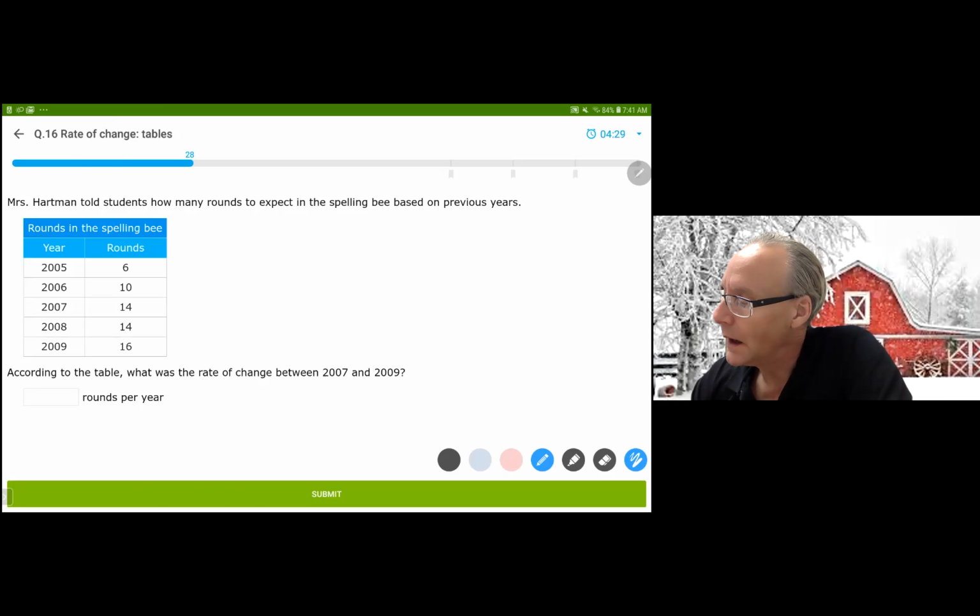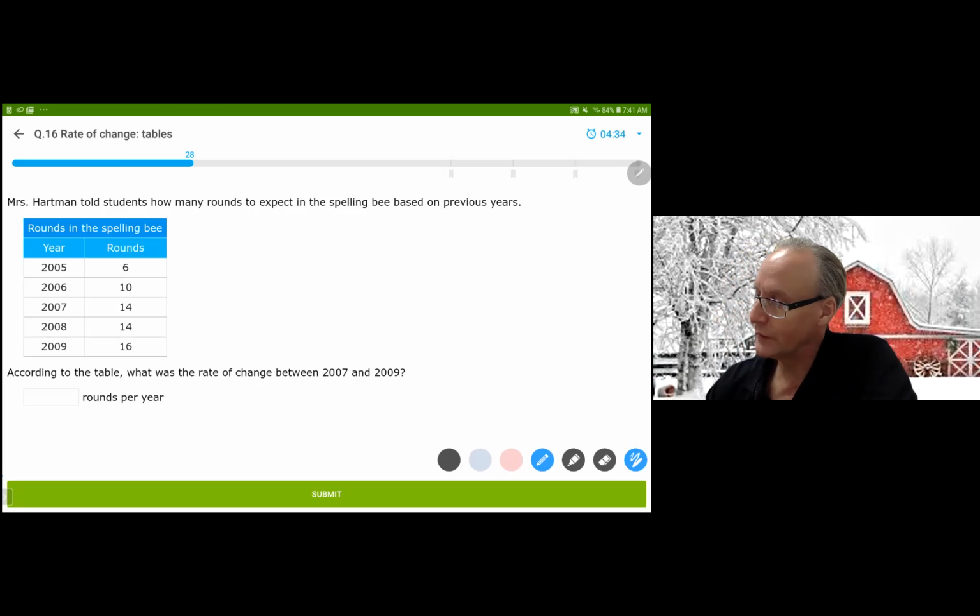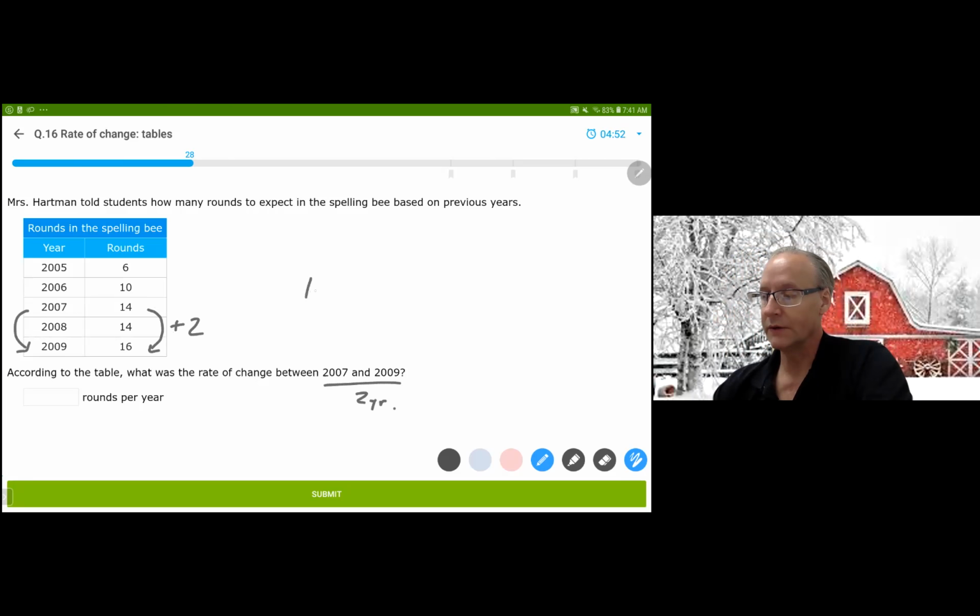All right, how many rounds expected in the spelling bee based on previous years? According to the table, what was the rate between 2007 and 2009? Clearly, we're talking about 2 years change, and we want 2007 from 2009. Didn't it go up 2 over a period of 2 years? That means 1 round per year, doesn't it?